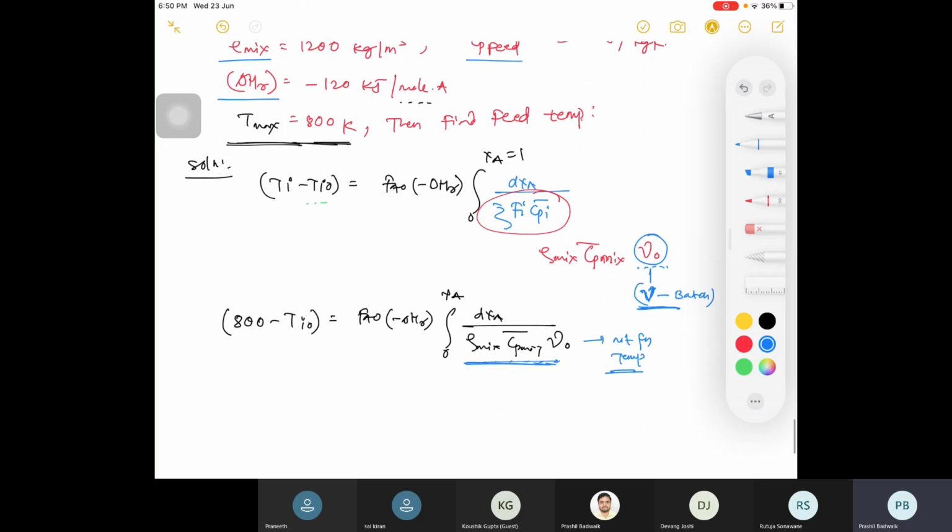So here in this case I am considering the density of mixture is not function of your conversion, then it comes out of your integration. If you have a question for this from GATE, I don't have the exact question there, that's why I'm writing here.